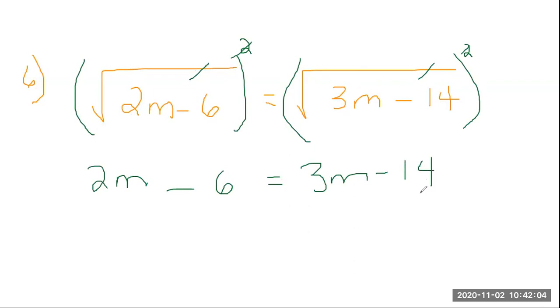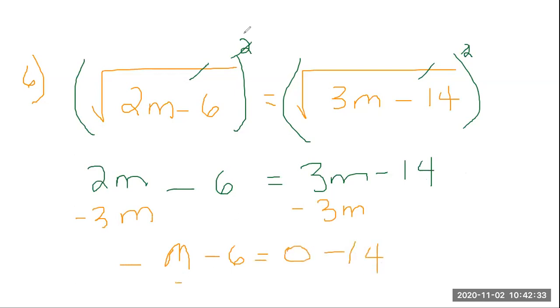And then I have to get all the m's on one side and everything else on the other side. Remember that part? So I'm going to minus 3m on this side. Whatever you do to one side, you've got to do on the other side. Minus m minus 6 is equal to 0 minus 14.